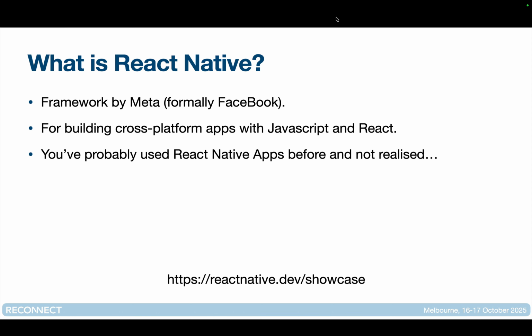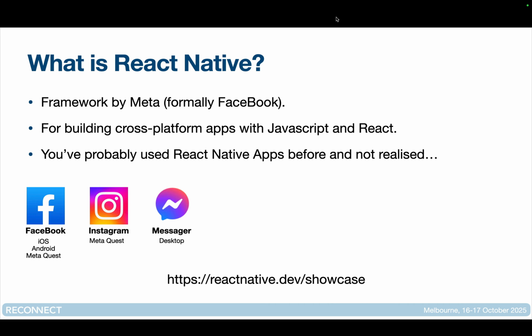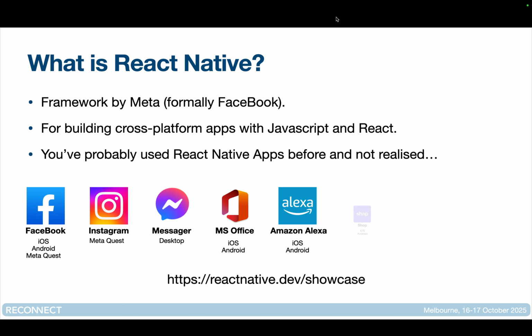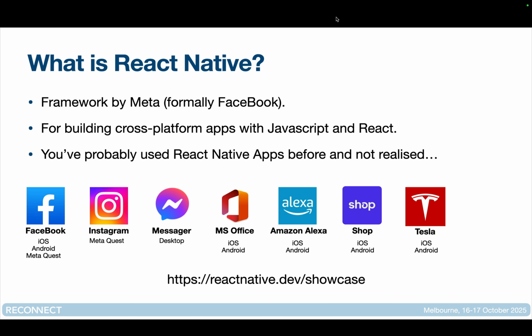So React Native, it's a framework by Meta for Facebook, and you've probably used a bunch of React Native apps before and maybe not even realized. So of course, Meta with Facebook, Instagram, Messenger on different platforms use React Native. Microsoft Office on iOS and Android also run React Native to get them on those different platforms. Amazon, Shopify, Tesla run it for their app, and PlayStation.